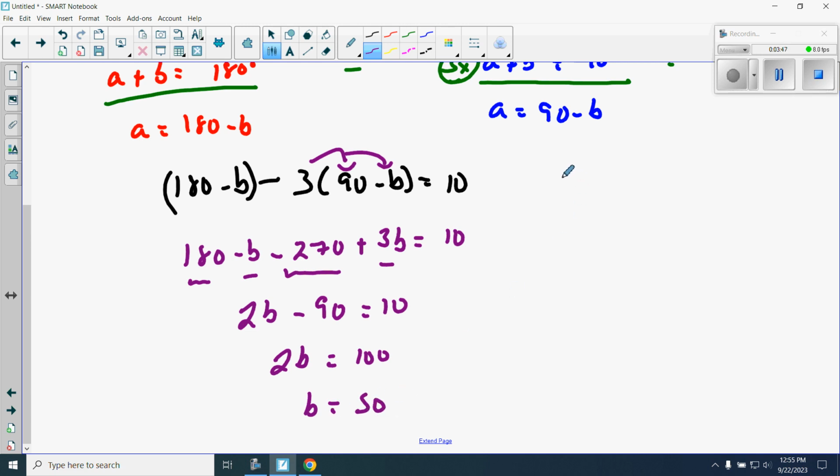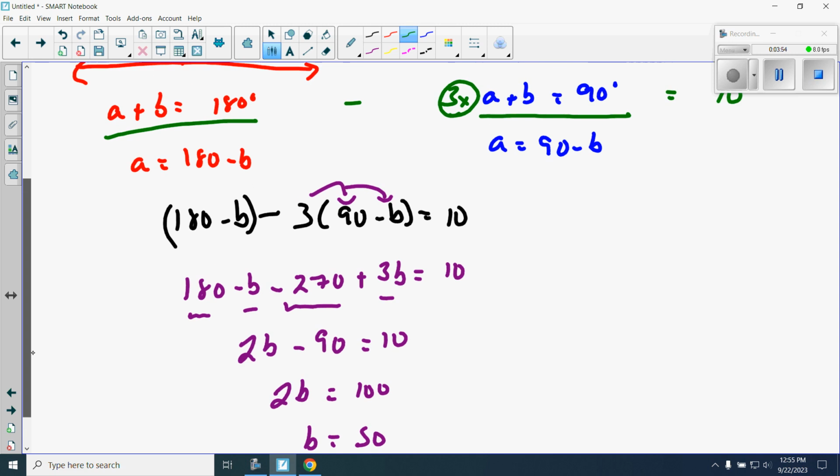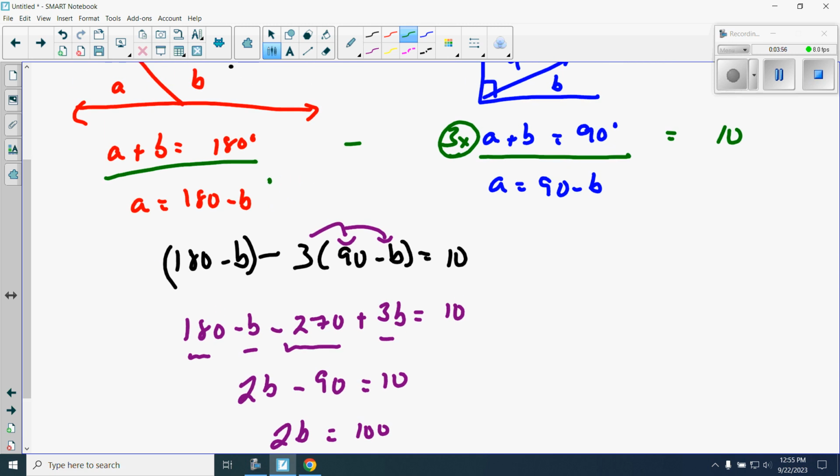All right, so if B equals 50, plug that back in up here. B is now 50. Now we find that this one is 130, so in this case, angle A is equal to 130 if B equals 50.